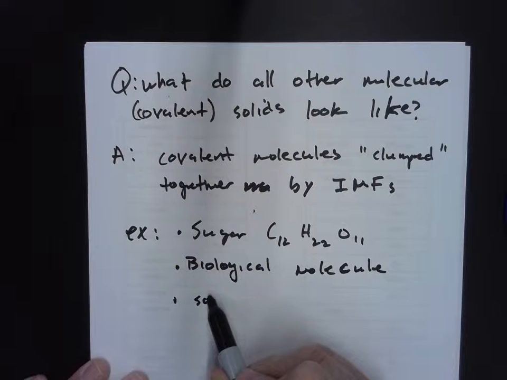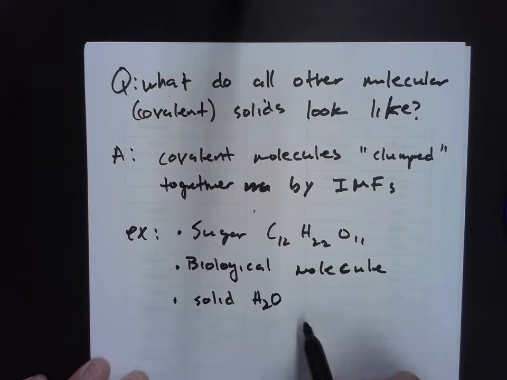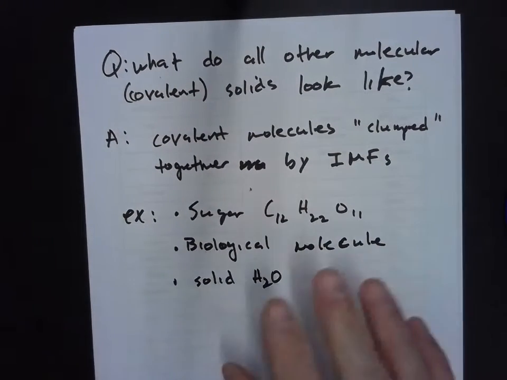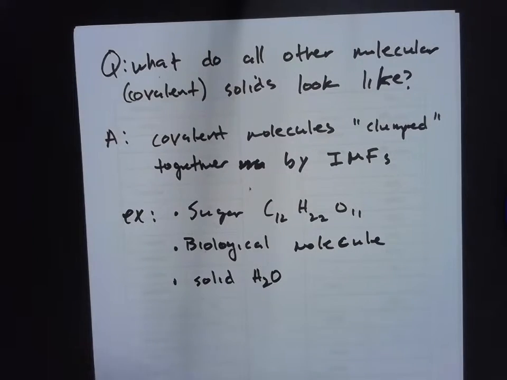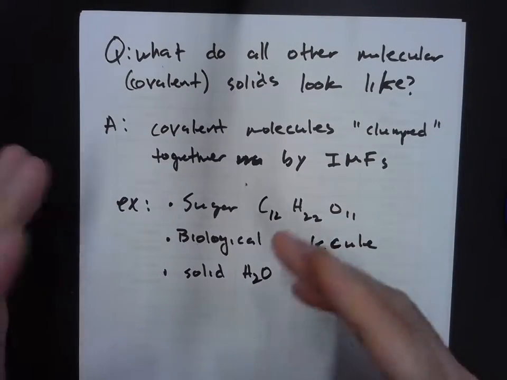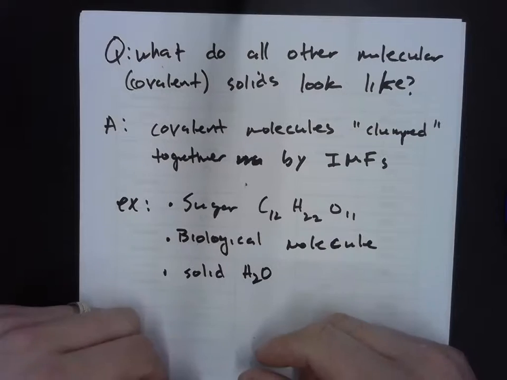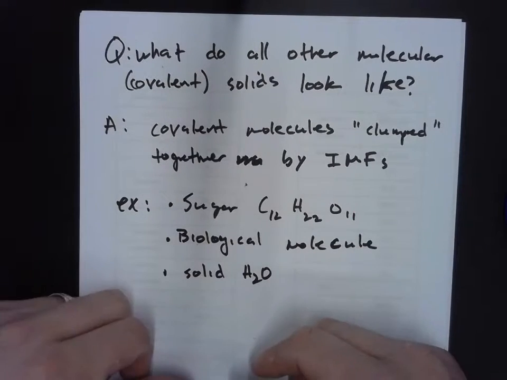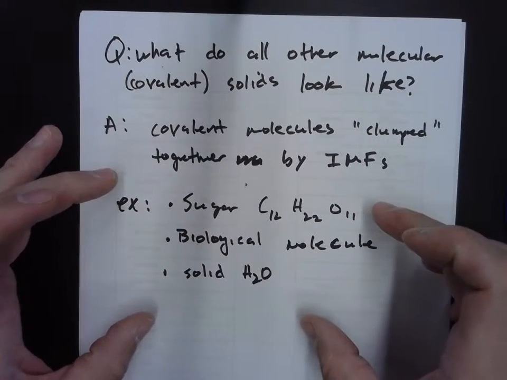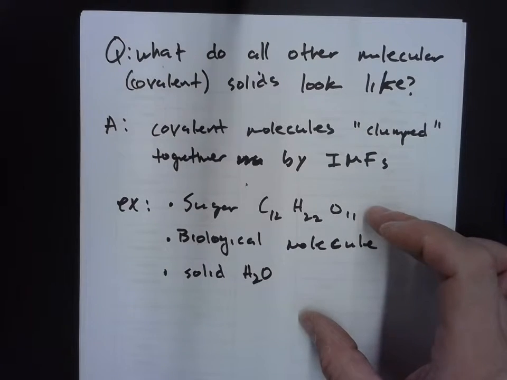Solid H2O, etc. Anything that's covalent that doesn't bond to itself, mostly carbon and silicon compounds that don't bond to itself over and over, they interact in solid form through IMFs.